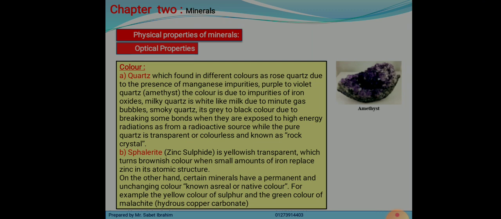Take another mineral, sphalerite. Sphalerite is zinc sulfide. Pure sphalerite has a yellow transparent color, but it changes to brownish when small amounts of iron replace zinc in its atomic structure.